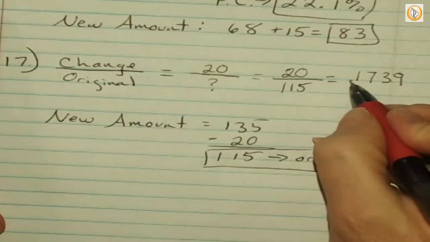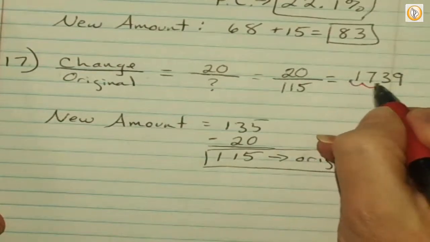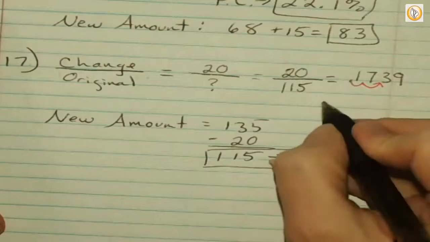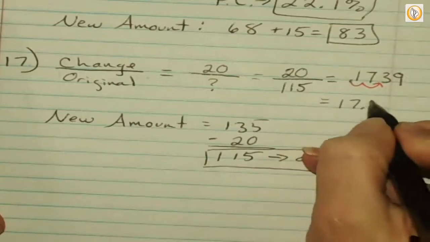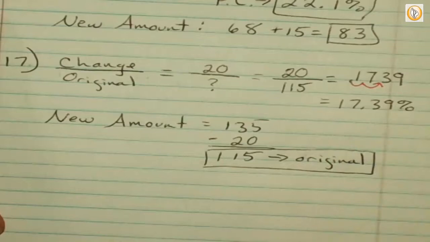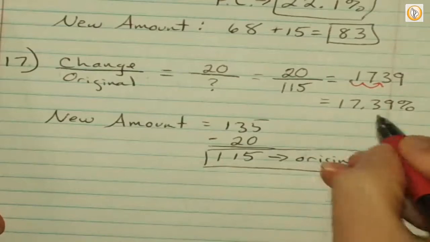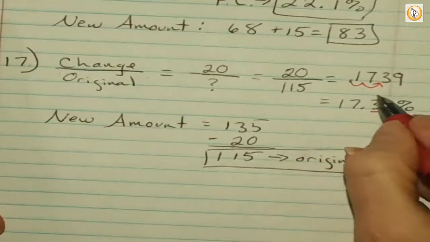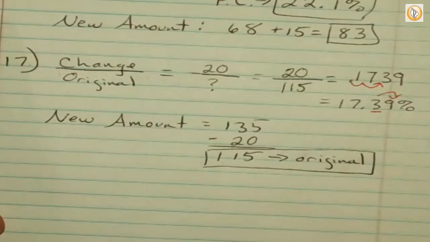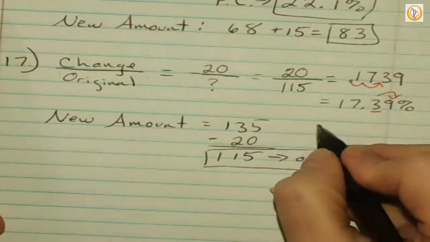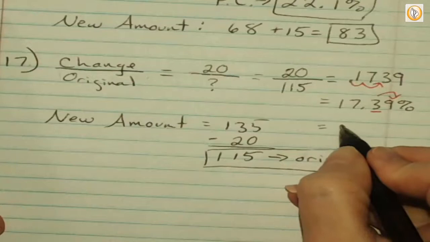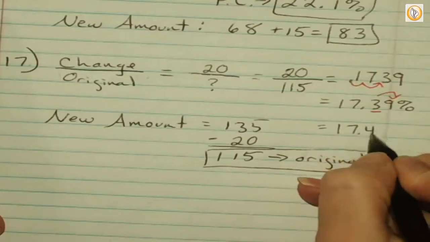How do I do it? And I get 17.39%, but I have to round it to the nearest tenth. So I look to the right. That's 9. So Keith, what do I get? 17.4%. Very good.